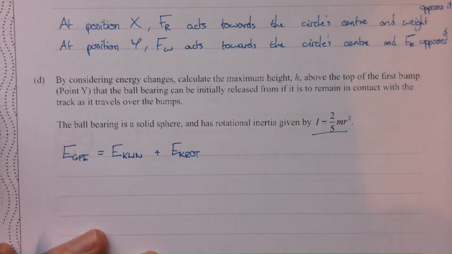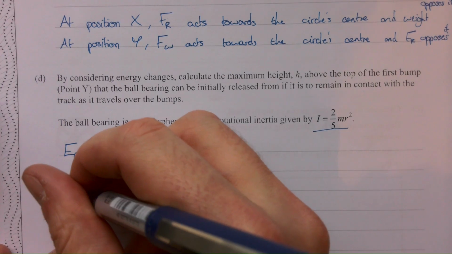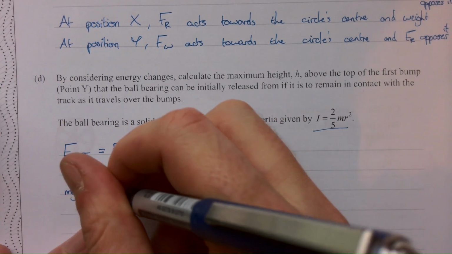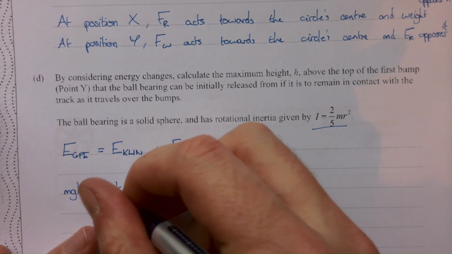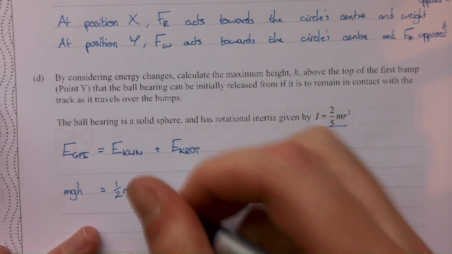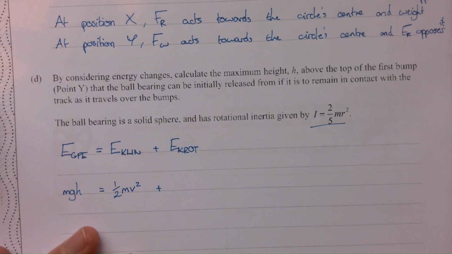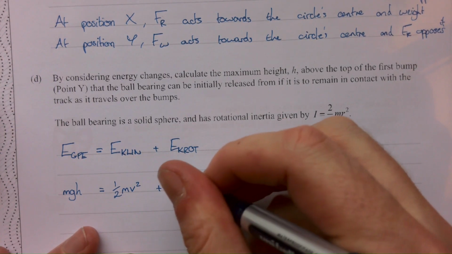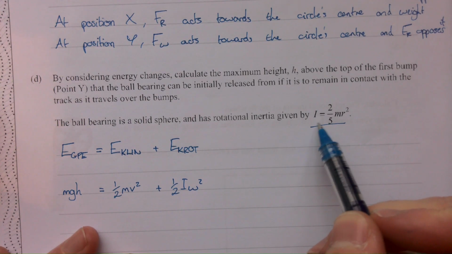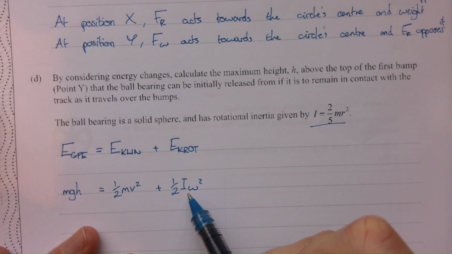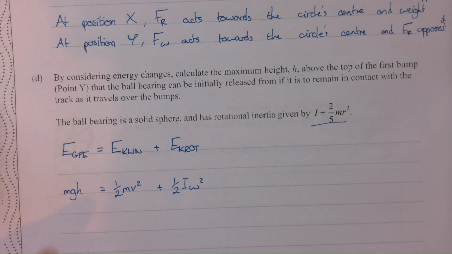Now, our equation for GPE is mgh. The equation for linear kinetic energy is half mv squared, and our rotational kinetic energy is half I omega squared. Now, from this little bit of information here, we can add some more algebra here.